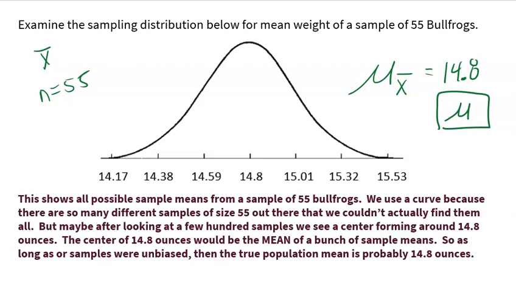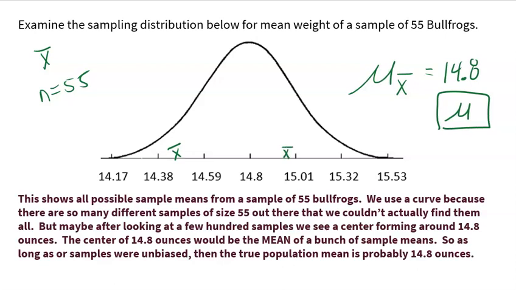If they're a good sampling distribution based on truly random samples from the population, then those sample means that are shown in a sampling distribution should start to stack up at the true mean. And yes, maybe your one sample comes back a little low, or maybe one sample comes back a little high.